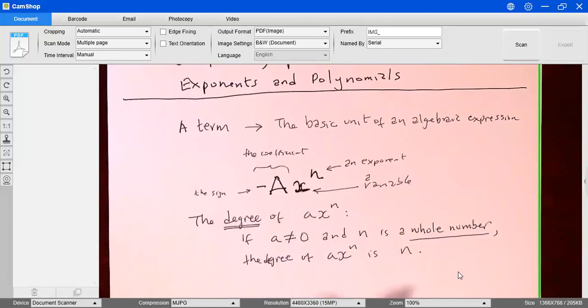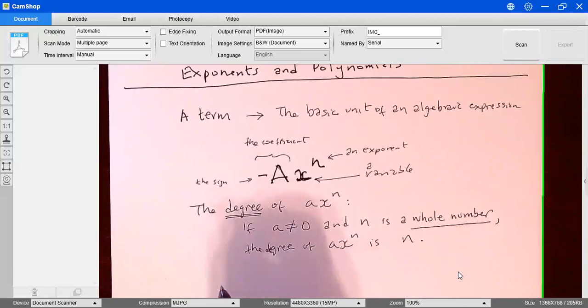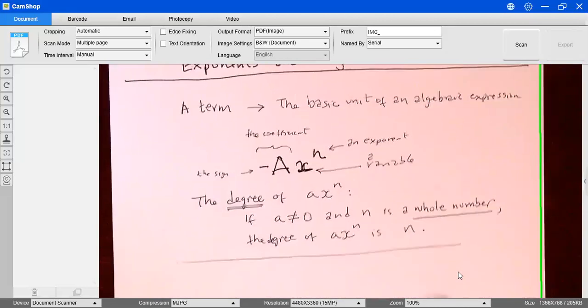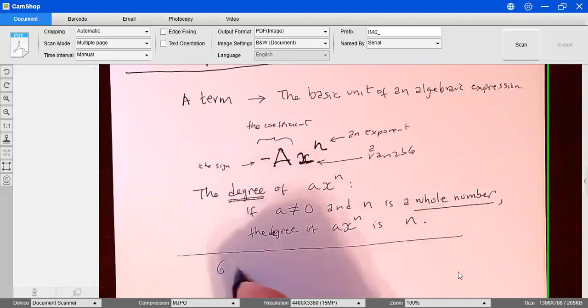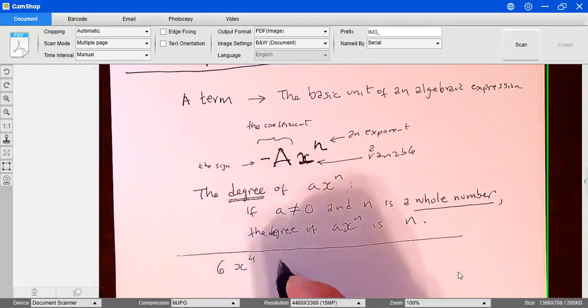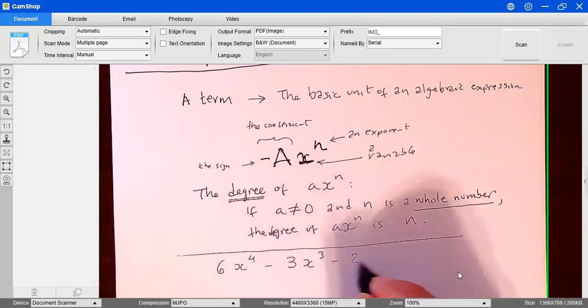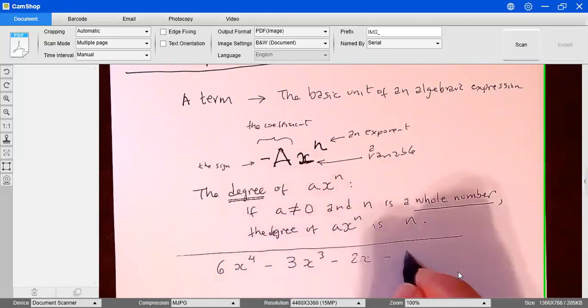So let's just write a couple of algebraic expressions to be more precise. I'm going to write two algebraic expressions. The first one is going to be 6x to the 4 minus 3x cubed minus 2x minus 5.